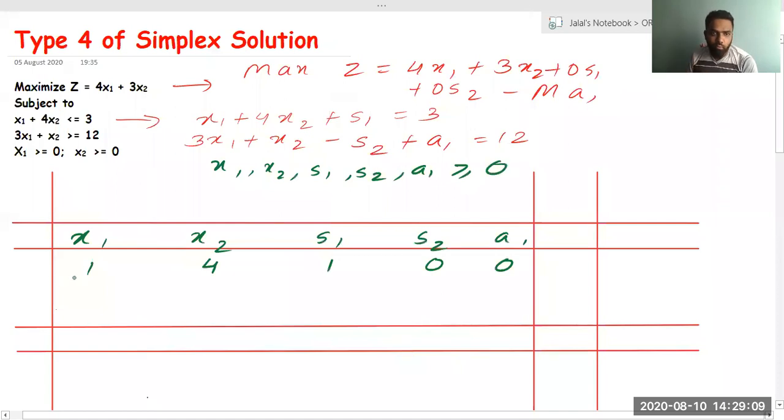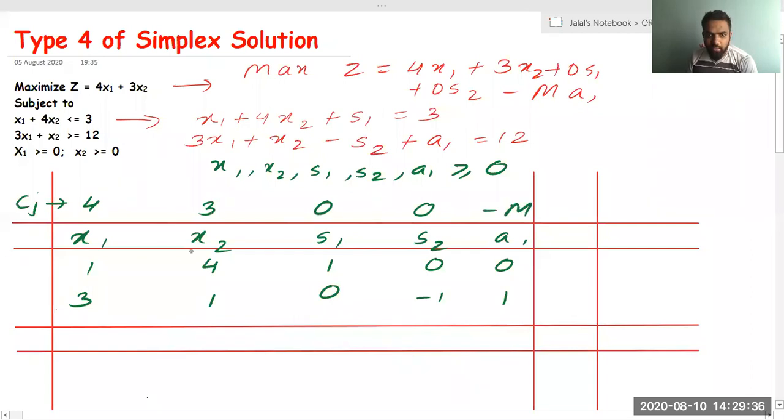Now 1, 2, 1, 4, 1, 0, 0. Next it will be 3, 1, 0, minus 1 and 1. Now I'll put Cj also. What is my Cj value? Cj will be, from Z, 4, 3, 0, 0, minus M.